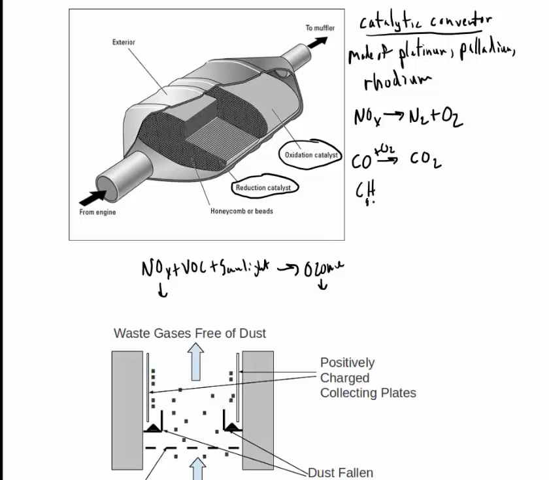So most gasoline is C8H18. That can convert, with mixing with oxygen again, to CO2 plus H2O. So it can reduce some of the unburned gasoline as well. And again, gasoline is a VOC, so if you reduce the VOCs, then you reduce the ozone as well. So a couple different stages here to reduce the formation of ozone.